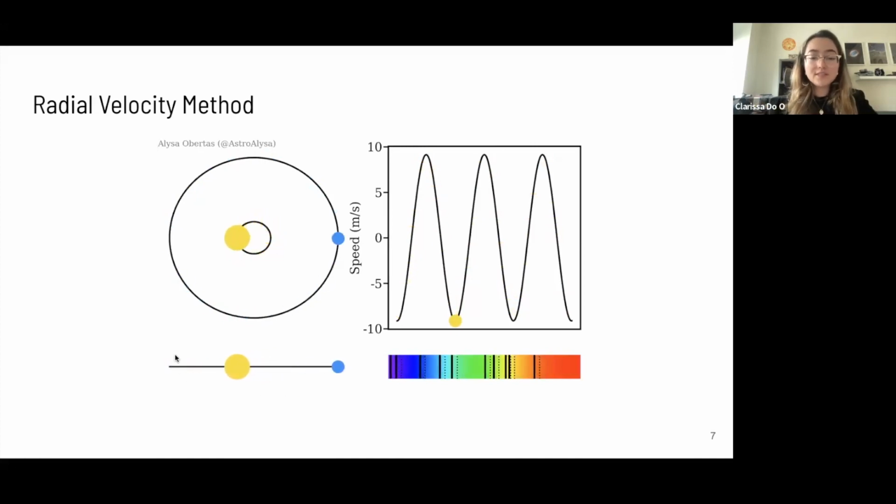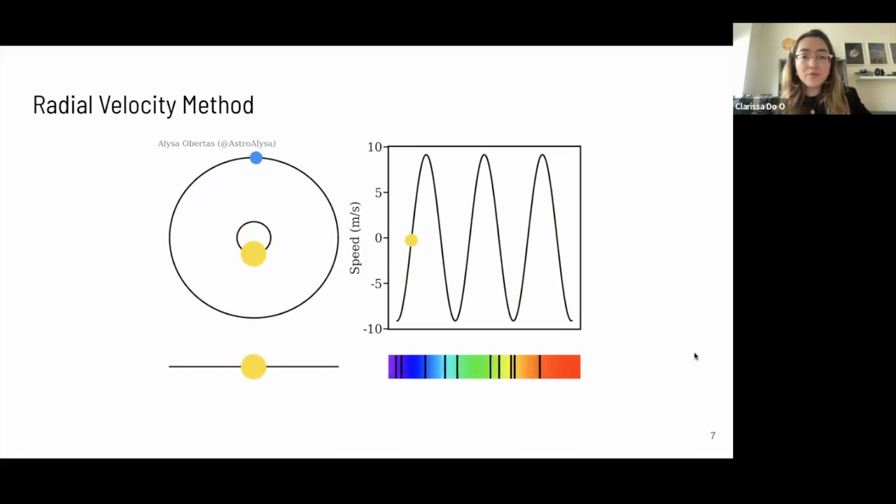If you look at the system from an edge-on perspective, as the star orbits the center of gravity, it comes a little bit towards us and a little bit further away from us. What we see in the spectrum of the star is a small blue shift when it's coming towards us and a small red shift when it's going away from us. If this blue shift and red shift is periodic, that implies that we likely have a planet orbiting around that star.